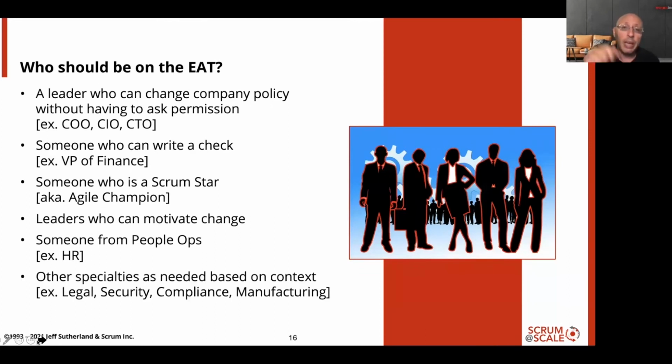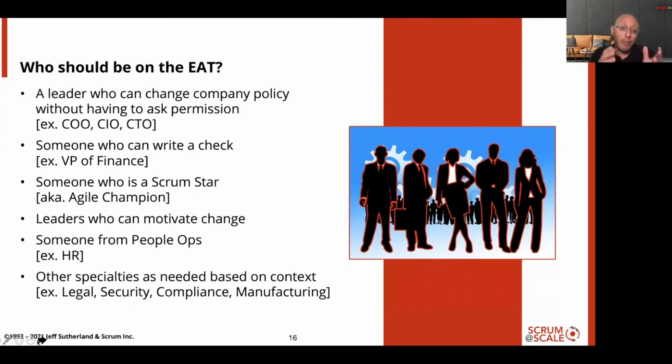Lastly, you may need someone else of a different specialty based on context. So if you're in a banking company, having someone from security and compliance is going to be essential on your executive action team. If you're in consumer packaged goods and you produce an alcoholic beverage, or you produce foodstuffs that have components that have to regularly be reviewed by government organizations like the FDA, you'll need somebody who's an FDA expert or someone from legal on that.